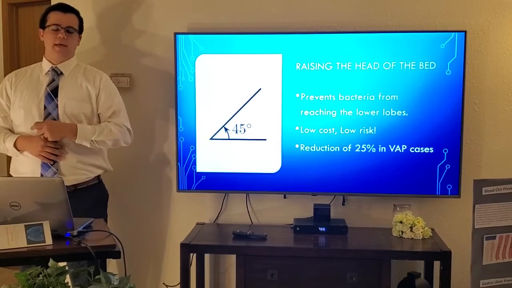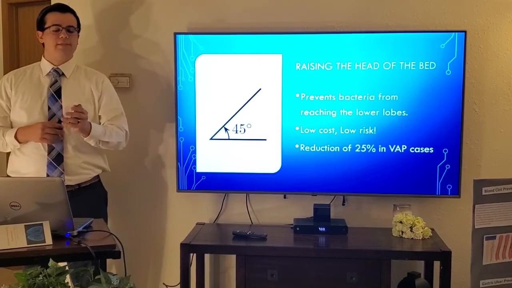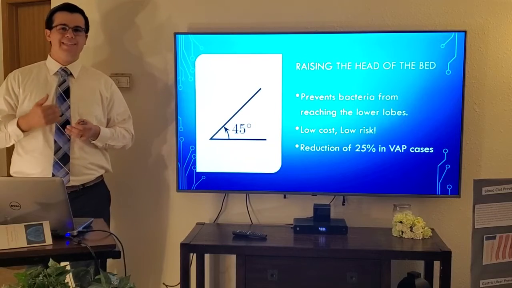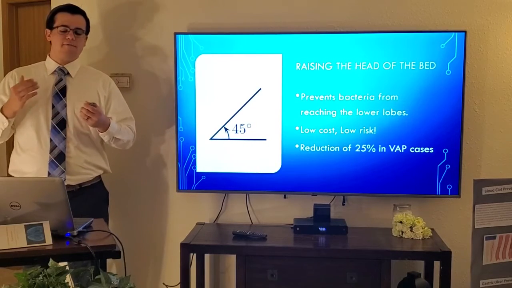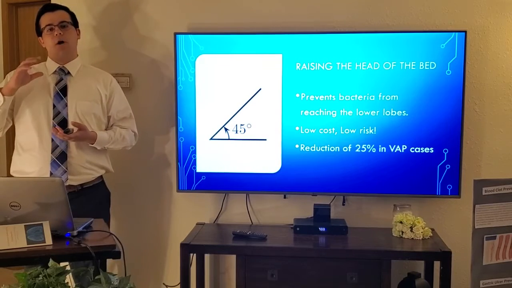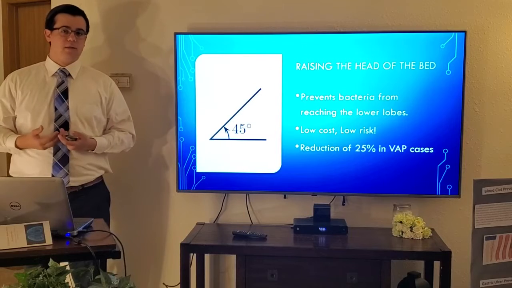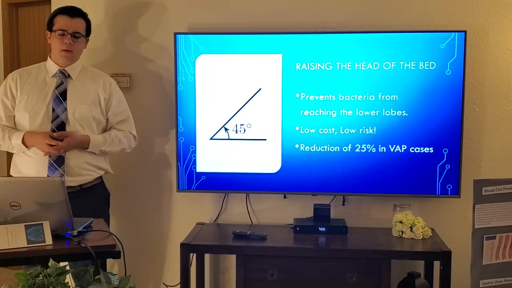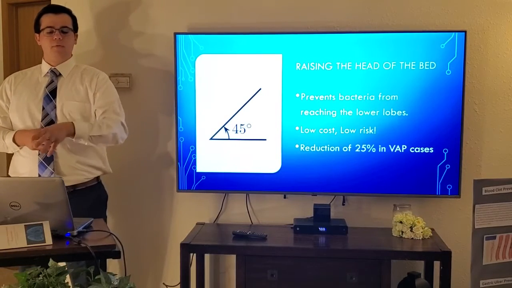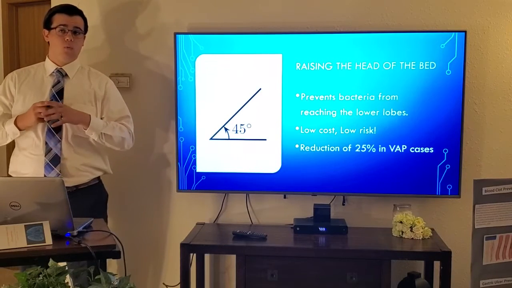Well, studies have shown that raising the head of the bed prevents the bacteria from getting down into the lungs. When you're laying flat, it's easier for bacteria to travel from the oropharynx down into the lungs and infect the lung tissue, causing the pneumonia. Another reason it's included in the bundle is that it's really low cost.